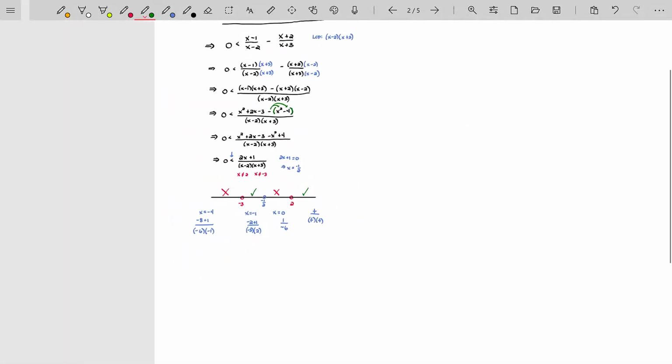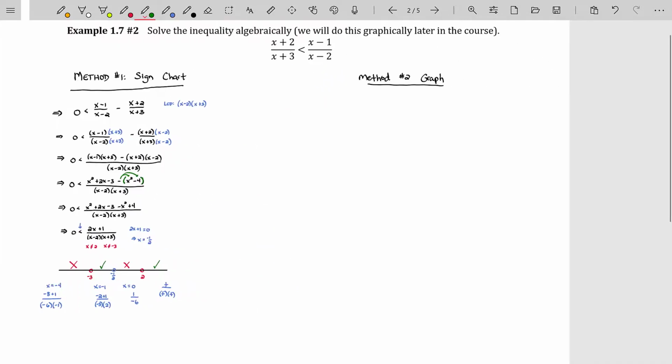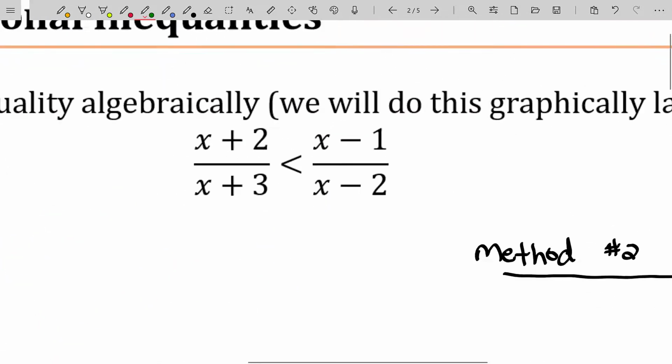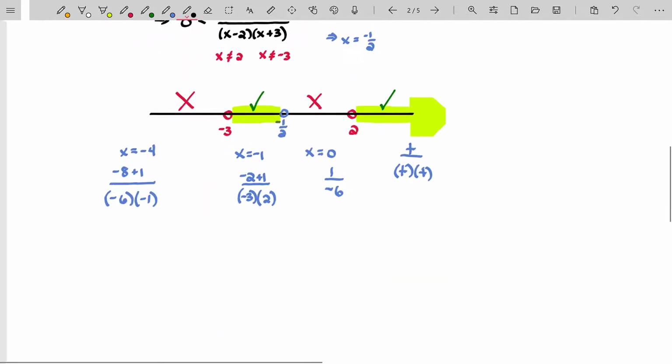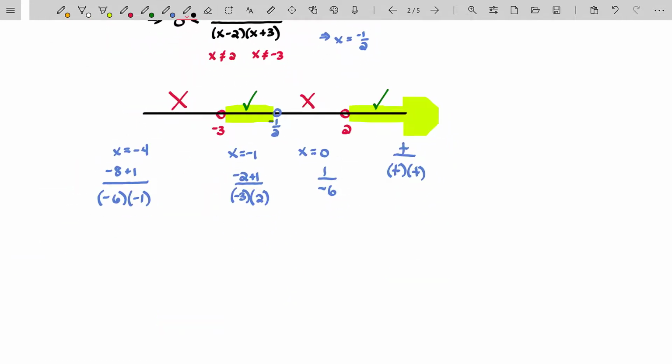Thus, the solution to the original inequality is going to be the union of these two intervals. And this side goes on forever. Writing that in interval notation from low to high, we start at -3, climb all the way up to -1/2. We will not include the -3, and we will not include the -1/2.